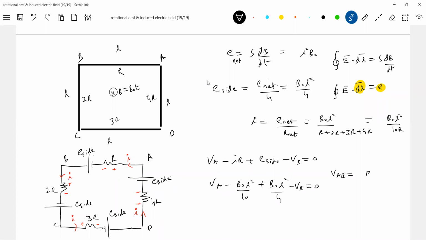B naught L square times 1 by 10 minus 1 by 4. 3 by 20. Minus 3 by 20.